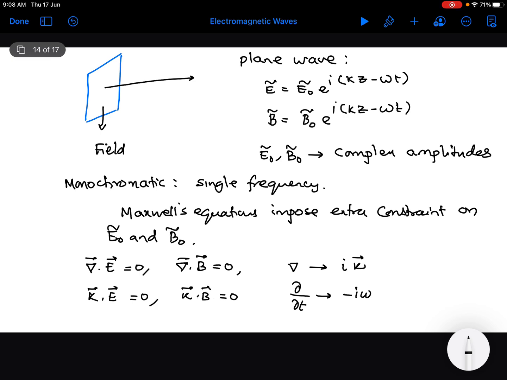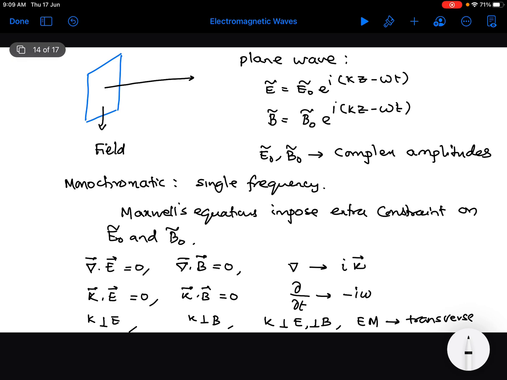When this dot product is 0, we say that k is perpendicular to E and k is perpendicular to B. Therefore, the wave vector k is perpendicular to both E and B. So using these two Maxwell's equations, we can say that the electromagnetic wave is a transverse wave.